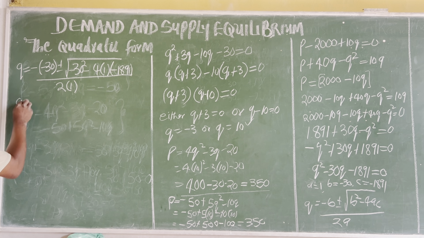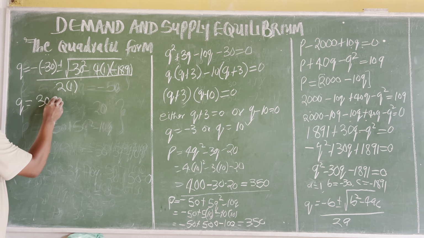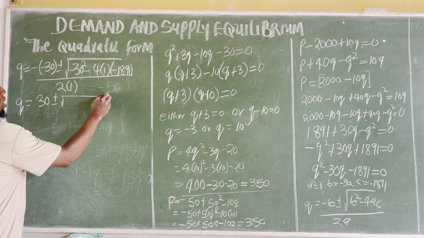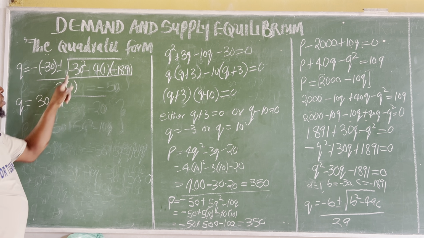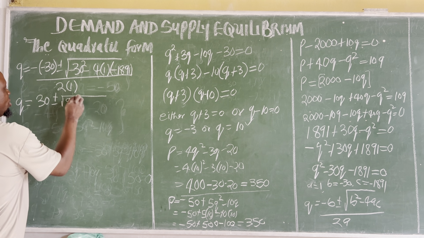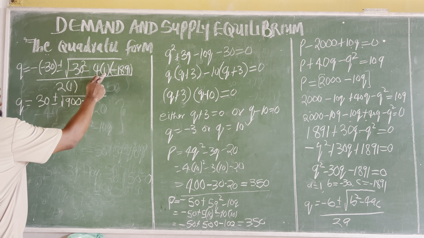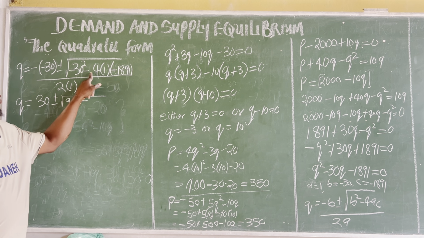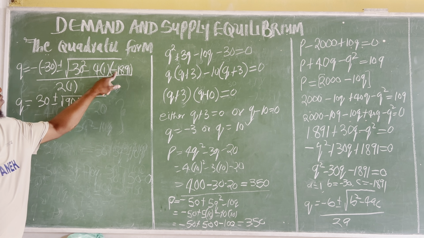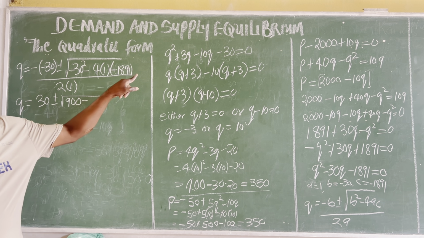So minus times minus will be positive: minus 1 times minus 30 gives us plus 30, plus or minus the square root of minus 30 squared, which gives us 900, minus 4 times 1 times minus 1891.